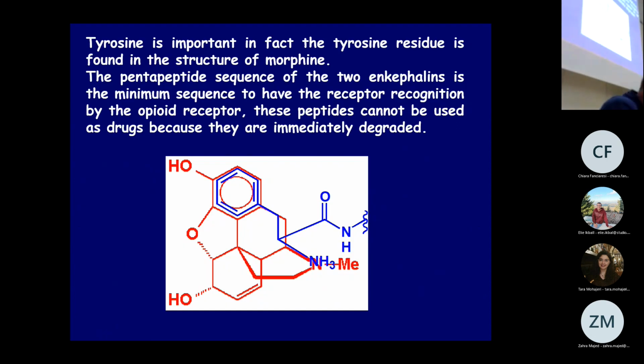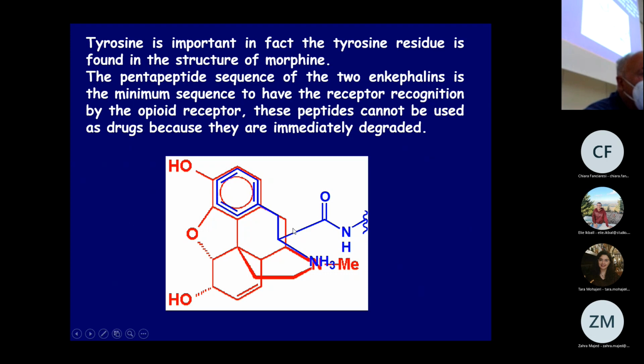But why can we say that morphine is able to interact with the same receptors of these two pentapeptides? Here you can see in red the chemical structure of morphine, and in blue the first tyrosine of the two pentapeptides.